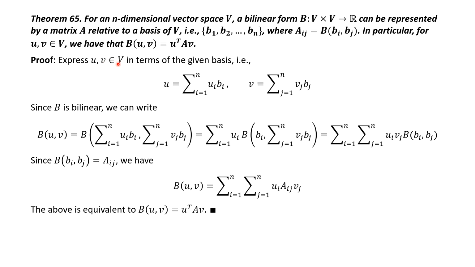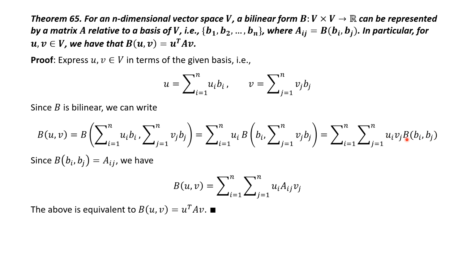We first write u and v in terms of the bases, which I have here. Then we evaluate B at u, v, plug in the two summations. We apply the linearity property to the first term here, and we get this. You notice the u_i comes out. And then we apply the linearity property to the second, and the summation comes out, and you have this here.